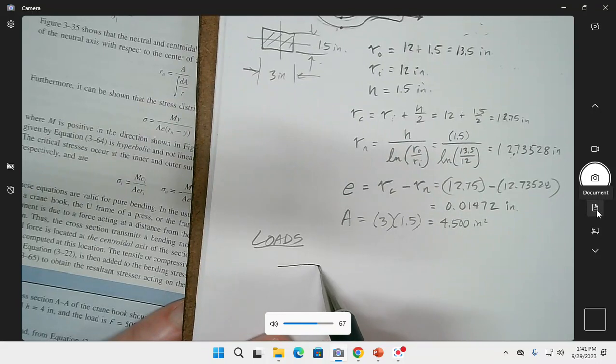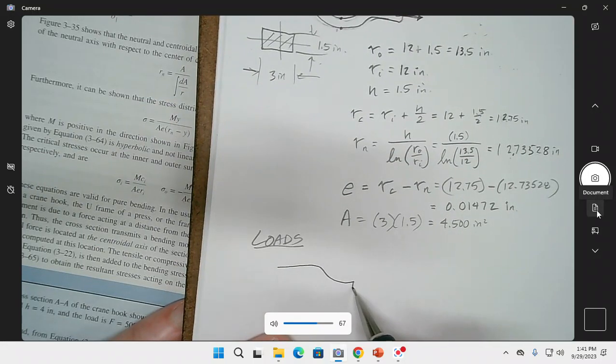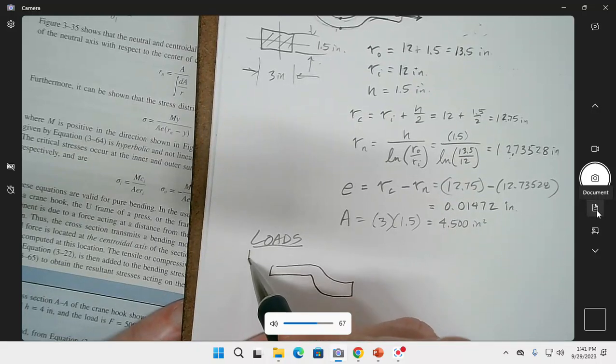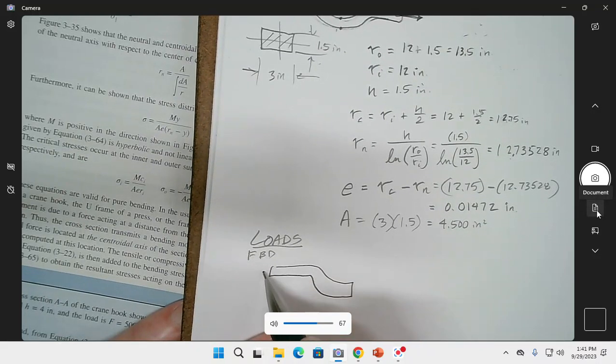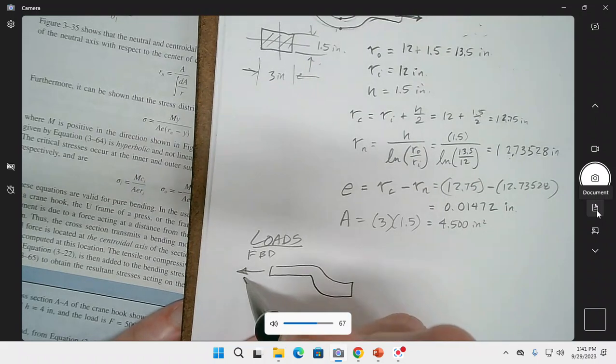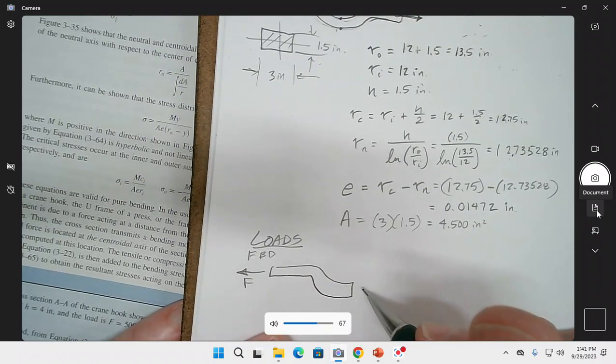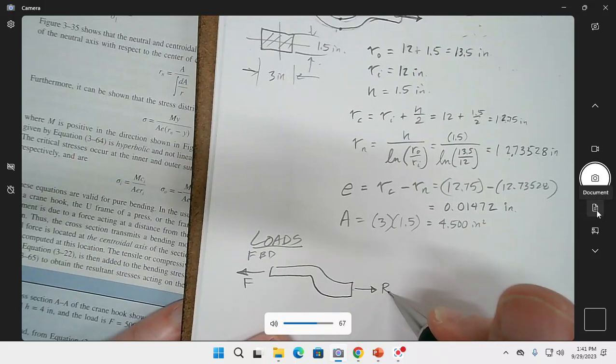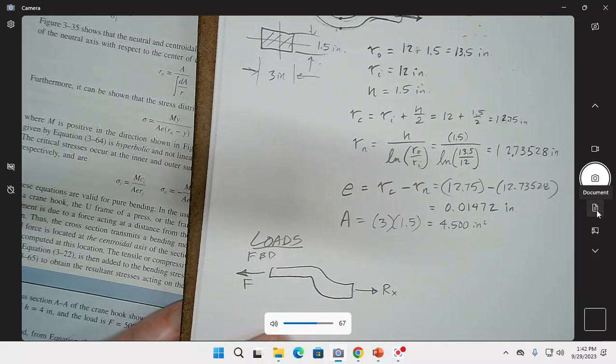So in order to get the loads, to double check them, we need a free body diagram. And we have a force right here, and that force is going to go right here. There's a reaction force in the x direction.